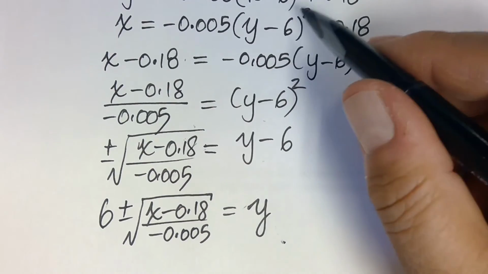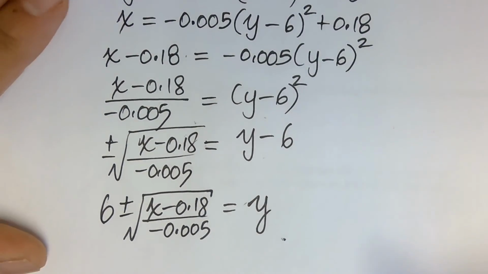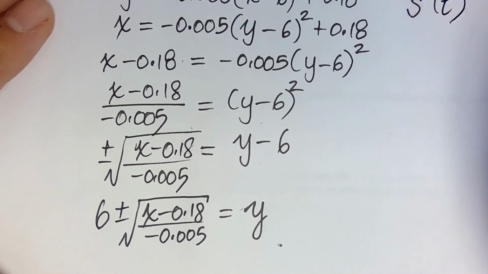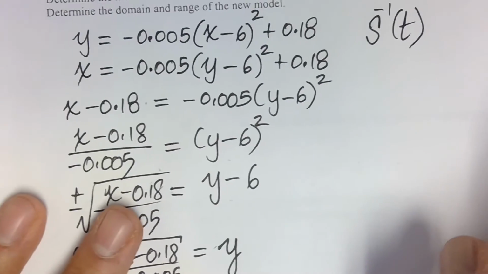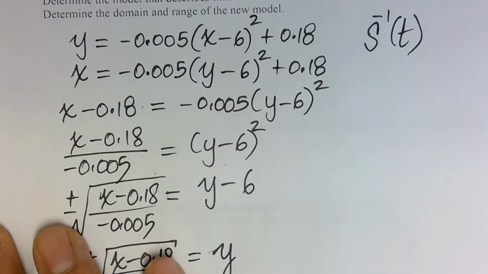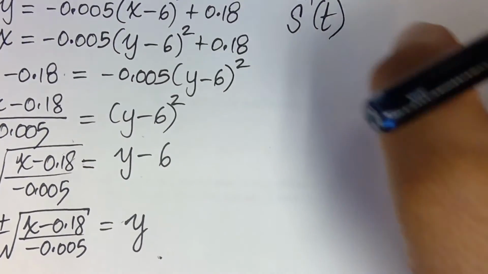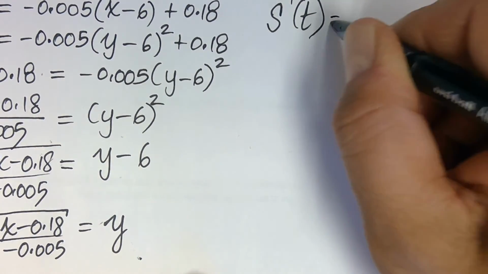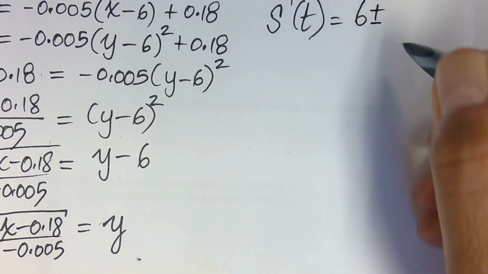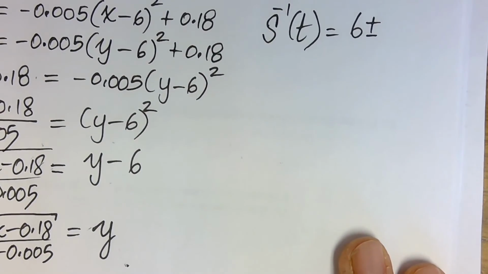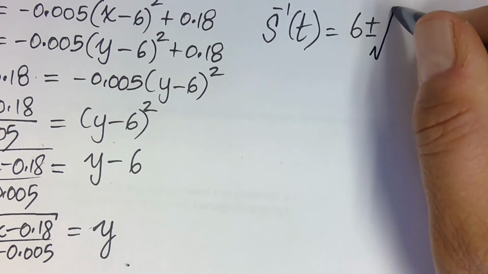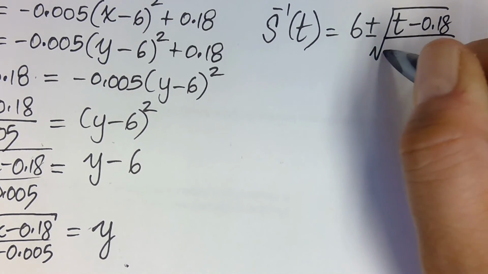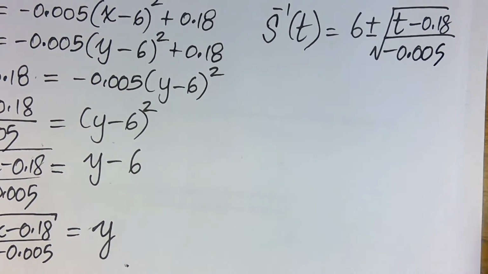So where it says determine the model that describes time in terms of the surface area, that model is going to be s to the negative 1 of t. s to the negative 1 of t is going to be equal to 6 plus or minus radical of t minus 0.18 over negative 0.005.